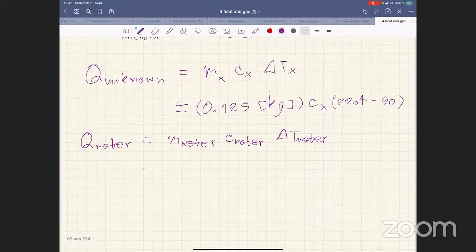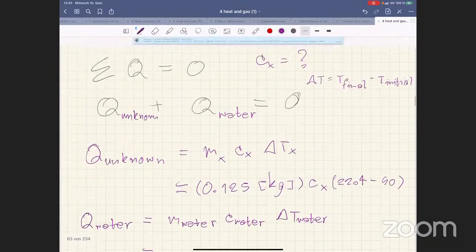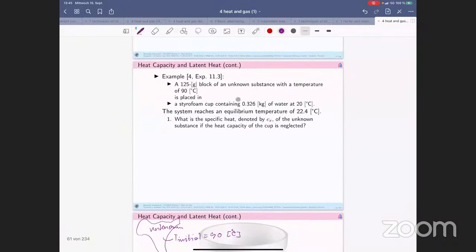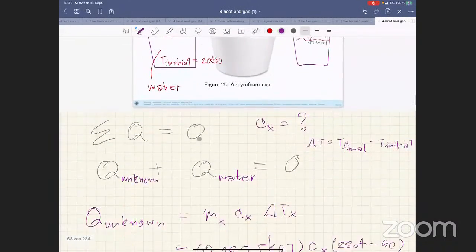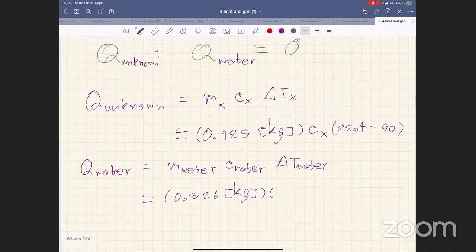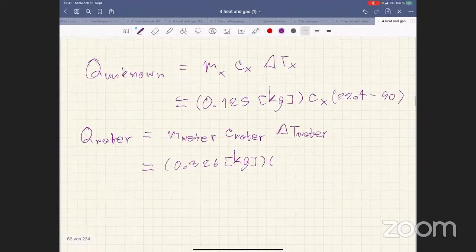All right, mass of water is 0.326 kilogram, and specific heat of the water is 4190 or something.